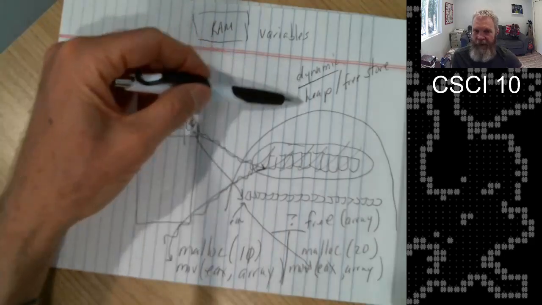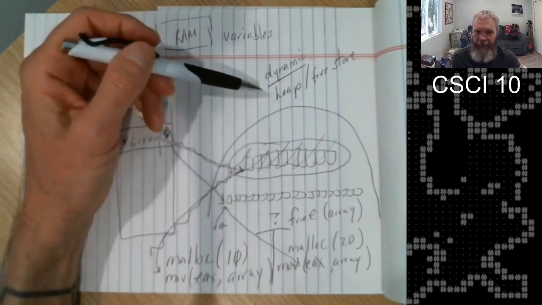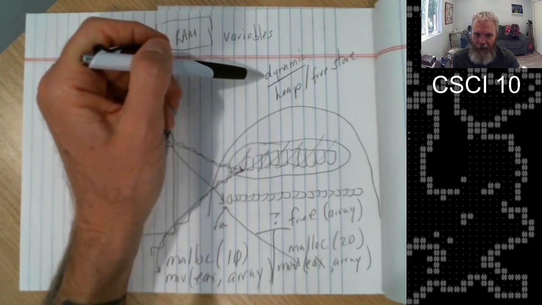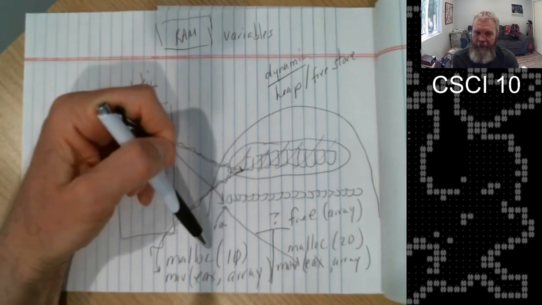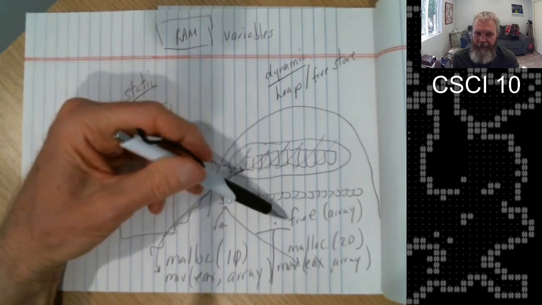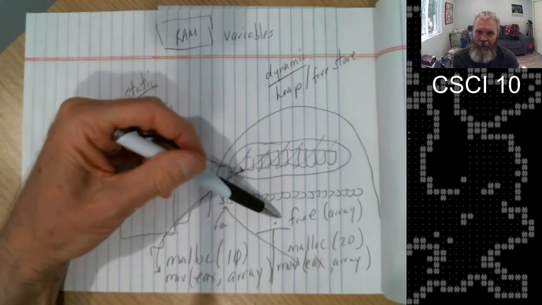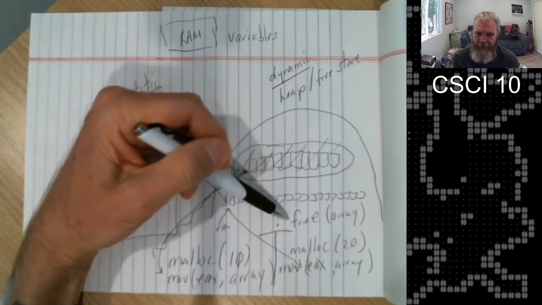Okay, so all this stuff that I drew by the heap, which I know has gotten to be just a terrible mess, the challenging part about dynamic memory is that it is your job, the programmer's job, to allocate and free memory. That's our job as programmers. Very, very easy to make mistakes, and lots of mistakes are made all the time by programmers everywhere in the world with this issue.